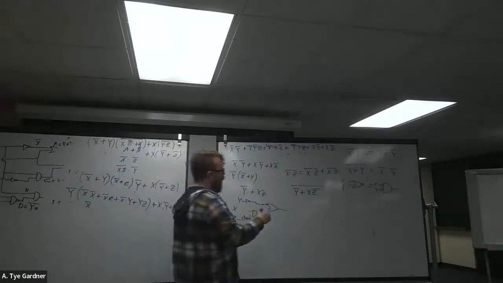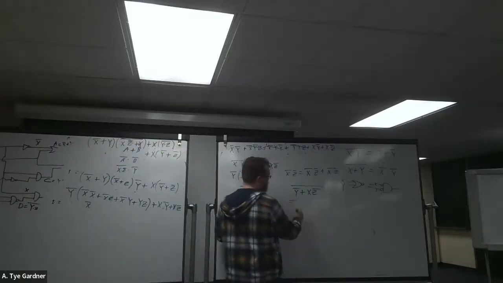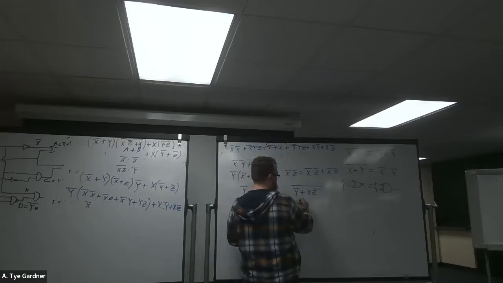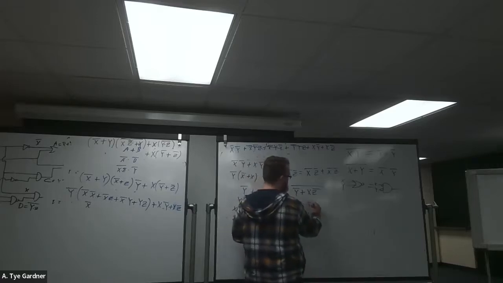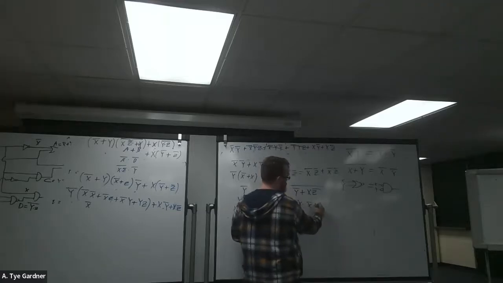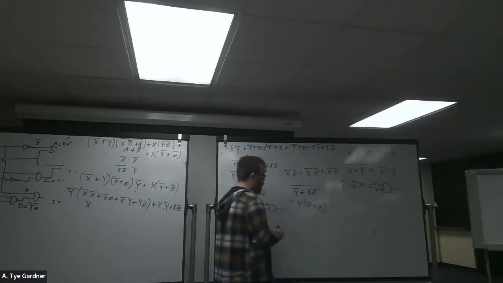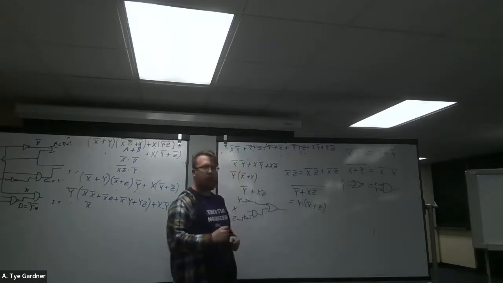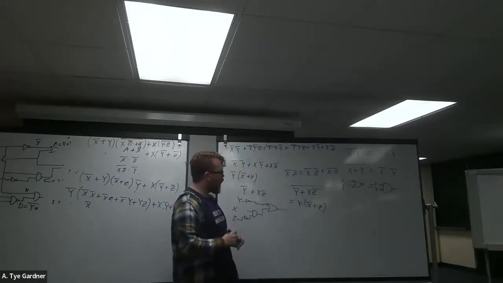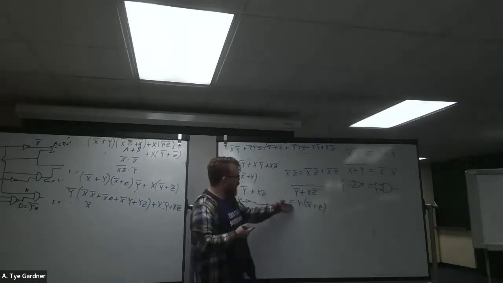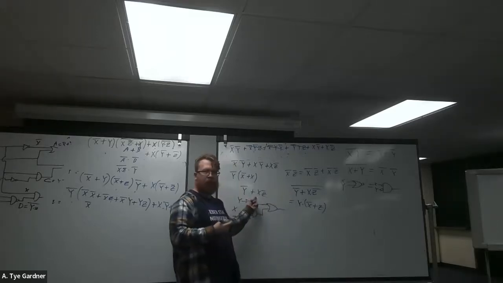But that's fine. And now I say that this is equal to not Y, which is just Y, and not Z, not X, sorry. Not Z. Right? Now what I've done is this is equal to that, but this is not equal to this.